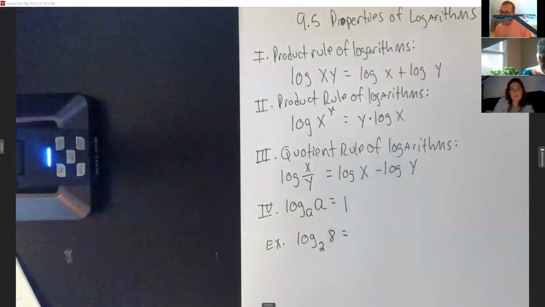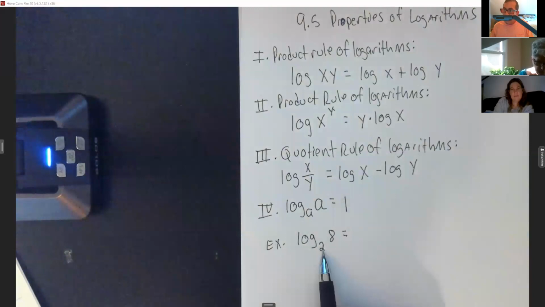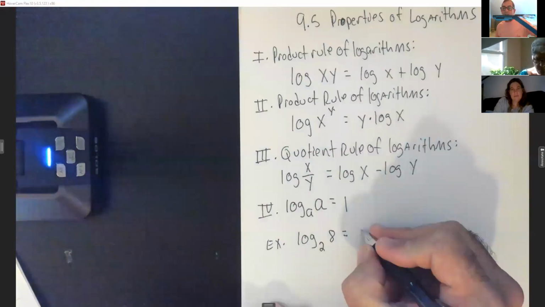So I just want y'all to realize that a logarithm finds an exponent. It finds the exponent that 2 was raised to turn it into an 8. So what you want to know is how many times would you multiply 2 times itself to get 8? And that would come out as a 3.